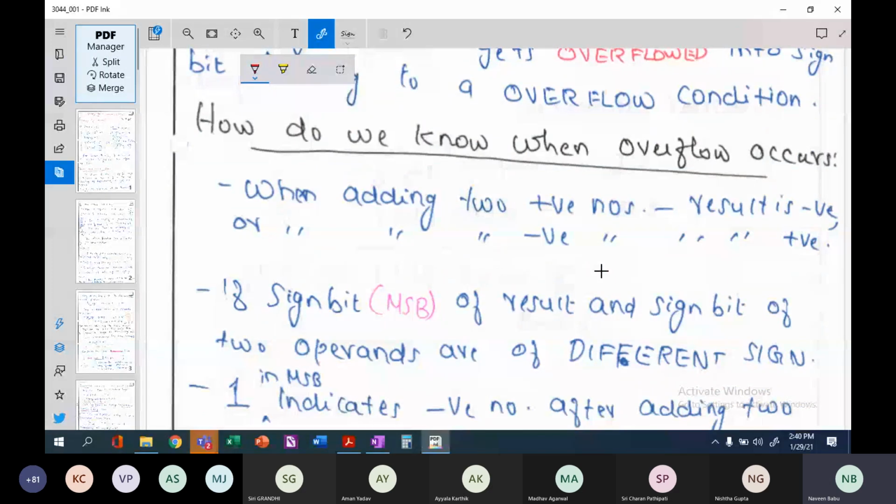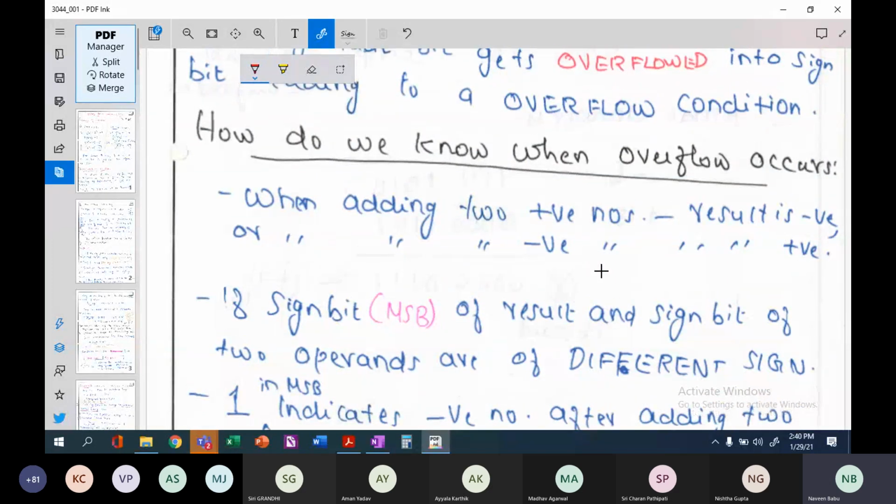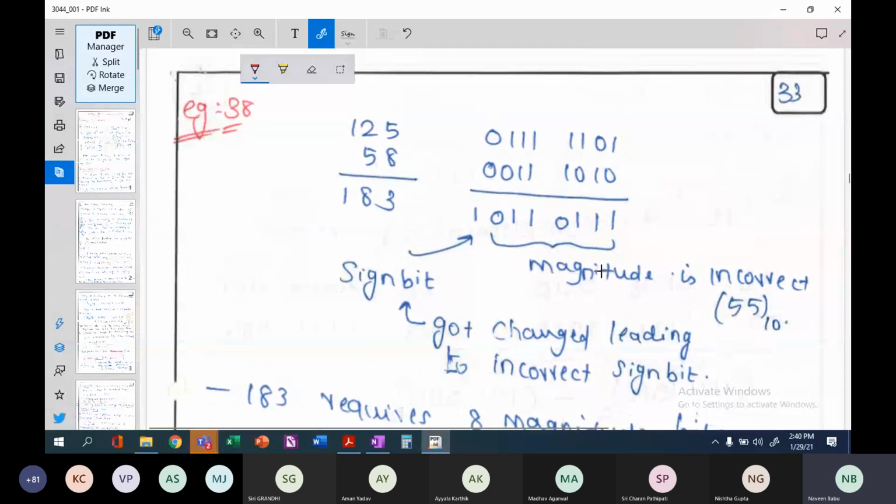When you are representing the subtraction, the borrow that we are having here will alter the sign bit, because obviously the first bit is always a sign bit. Because of that, you will get an incorrect answer.